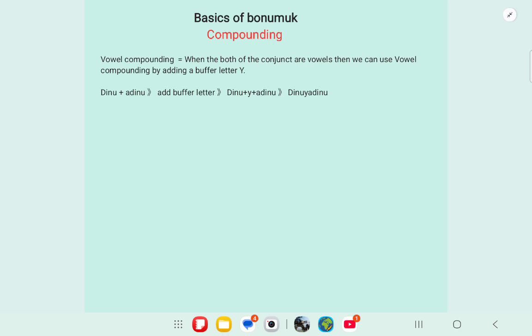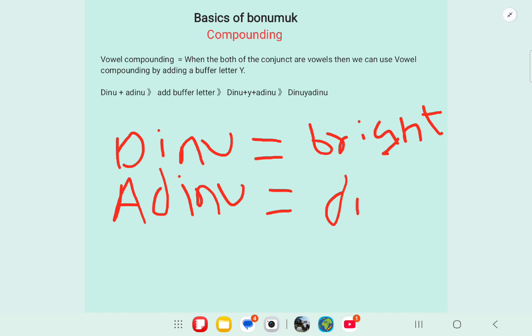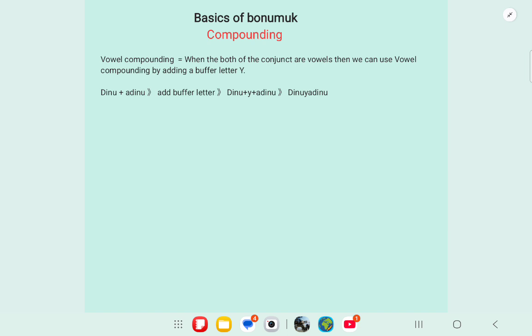So what is vowel compounding? When both of the conjuncts are vowel, then we call this a vowel compounding, and we add a vowel buffer which is y. Like in the example, Dinu plus Adinu. Dinu means bright, and Adinu means dull or dim.